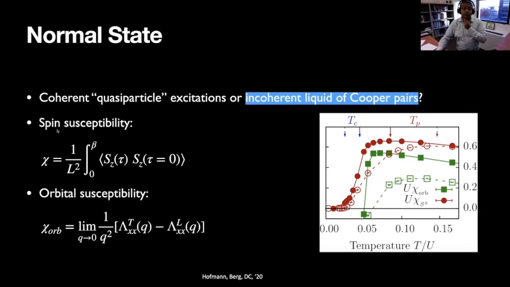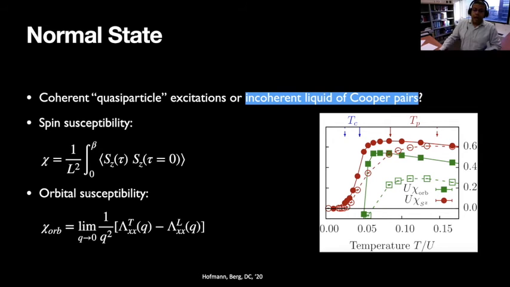If you recall, we already saw this quantity in the context of the early square lattice Hubbard model, because this tells us how essentially the magnetization behaves as a function of temperature. And I'm also going to look at a different susceptibility, which is the orbital susceptibility, which is a good diagnostic for measuring whether or not the system is exhibiting any diamagnetism.